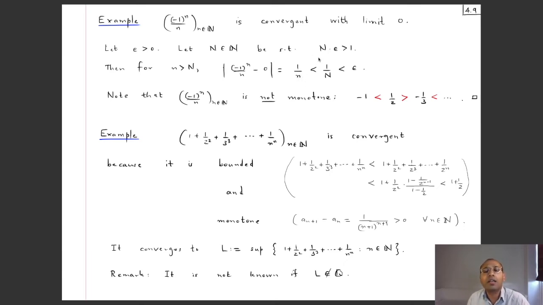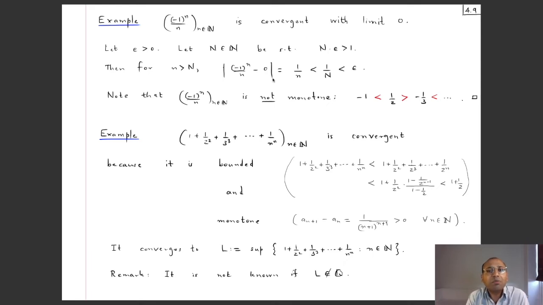You see, if I use the Archimedean property to produce this capital N such that capital N times epsilon is bigger than 1, then for every little n which is bigger than this capital N, you have that 1 by n is less than 1 by capital N, which thanks to this is less than epsilon. Okay, and so we'll get the distance is less than epsilon.